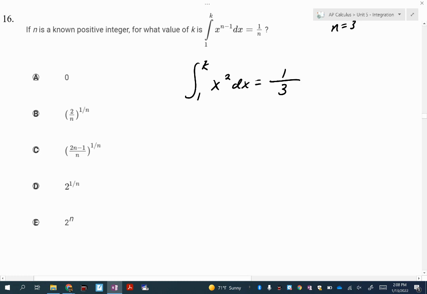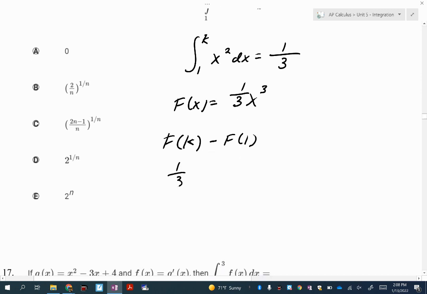So the integral of x squared, the antiderivative, is going to be 1/3 x cubed. And I'm going to evaluate this at k and then at 1. So I'm going to have 1/3 times k cubed minus 1/3 times 1 cubed, and that's equal to 1/3.